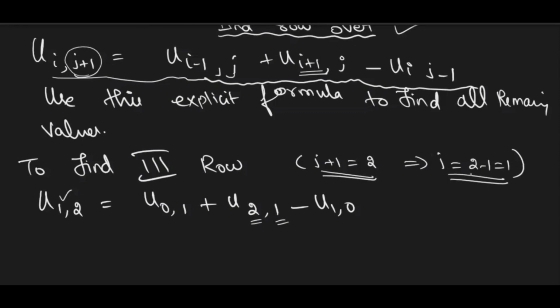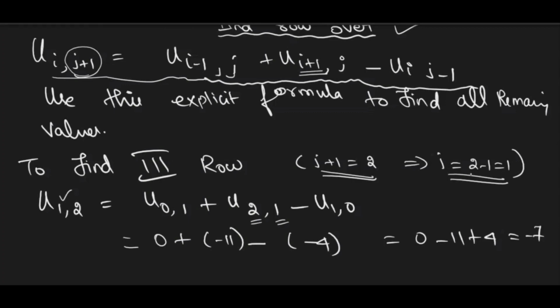By using this formula, we are going to find all the other values. For example, u of 0 comma 1, already we got this value as 0, and then u of 2 comma 1 is minus 11, and minus u of 1 comma 0 is already minus 4. So 0 minus 11 plus 4, that is minus 7.